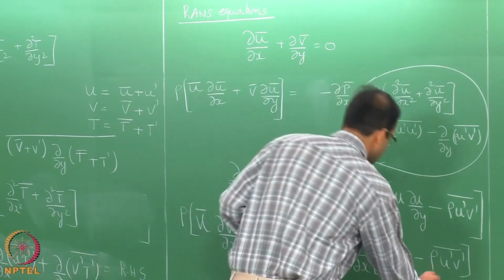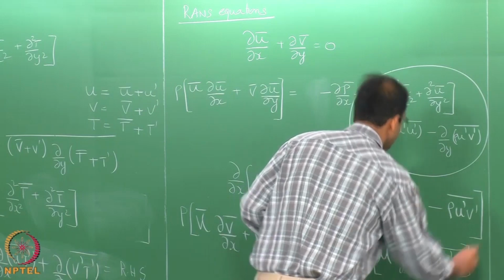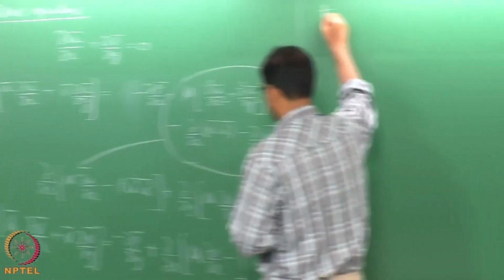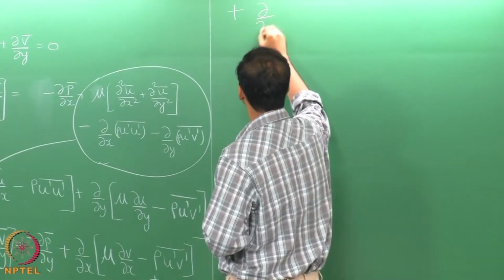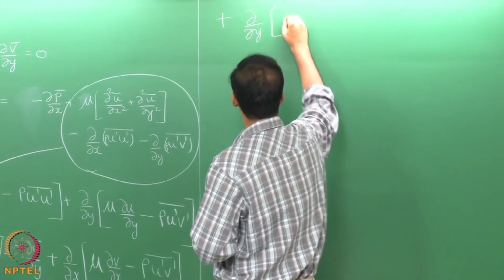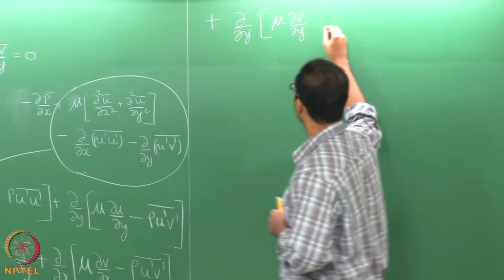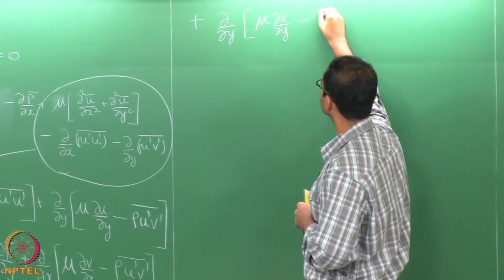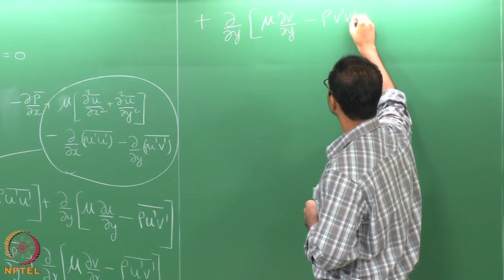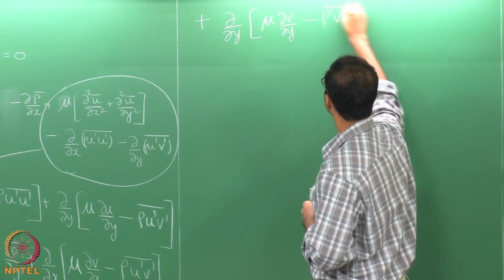I am just continuing that, plus d/dy of mu dv/dy, and again minus rho into v prime squared bar.